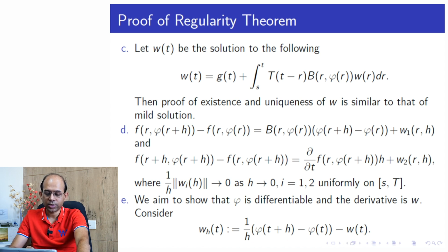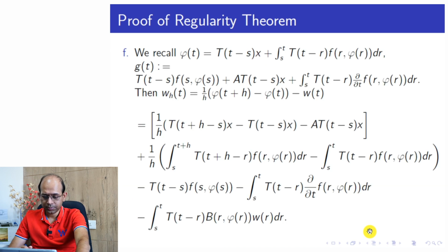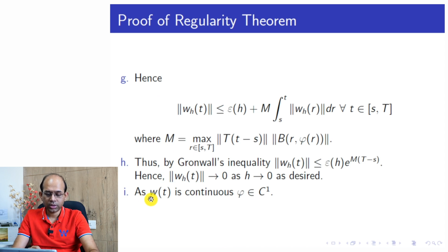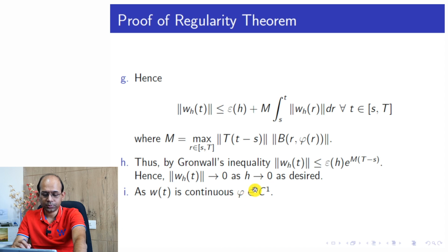Since we have shown that WH goes to 0, that implies that phi is continuously differentiable, and the derivative is W. Next, we know that W(t) is continuous, since phi is continuously differentiable and W is the derivative of phi. Also, we know that W satisfies that equation, and from that also we get that this is continuous.